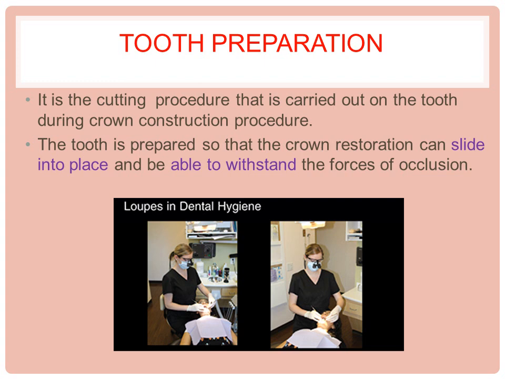When we finish the diagnosis, now we do tooth preparation, which is a cutting procedure that is carried out on a tooth during a crown construction procedure. The tooth is prepared so that the crown restoration can slide into place and be able to withstand the forces of occlusion.